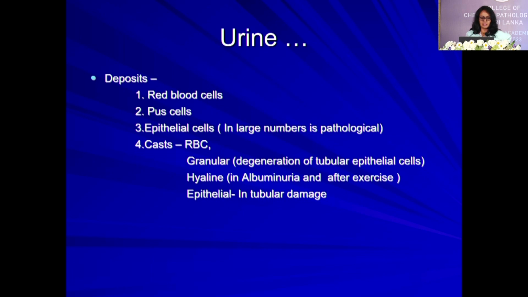Then the casts. There are red blood cell casts, granular casts, hyaline and epithelial casts. Granular casts are present in degeneration of tubular epithelial cells, and hyaline casts are present in albuminuria and after exercise. Epithelial casts you can see in tubular damage.